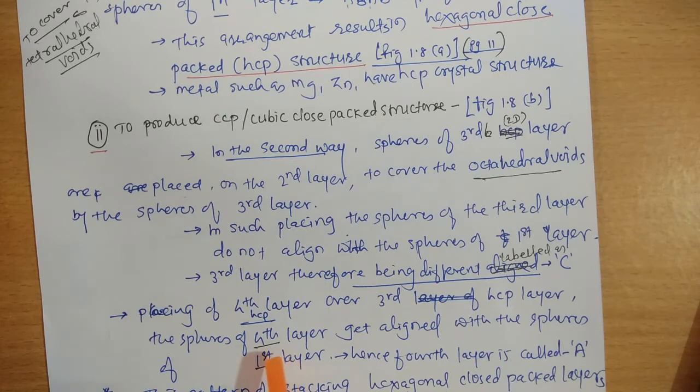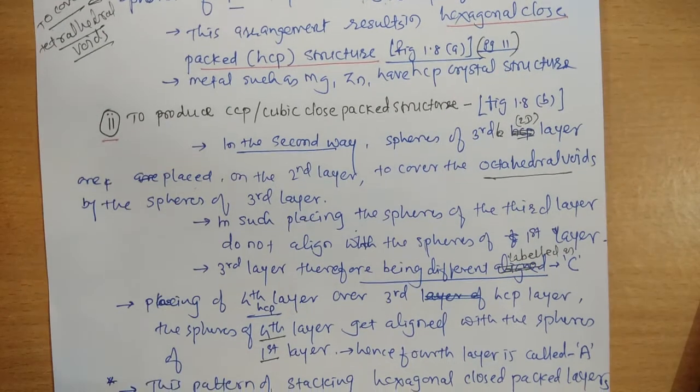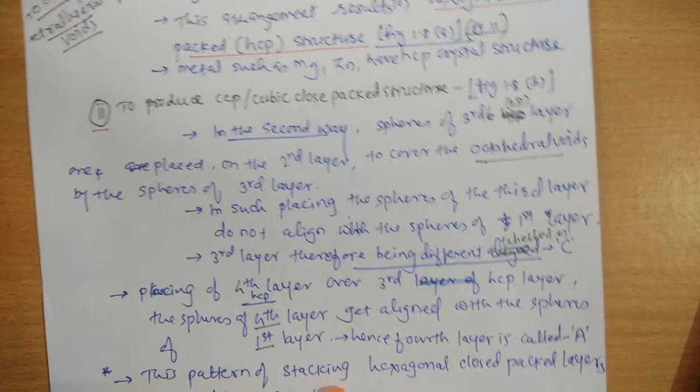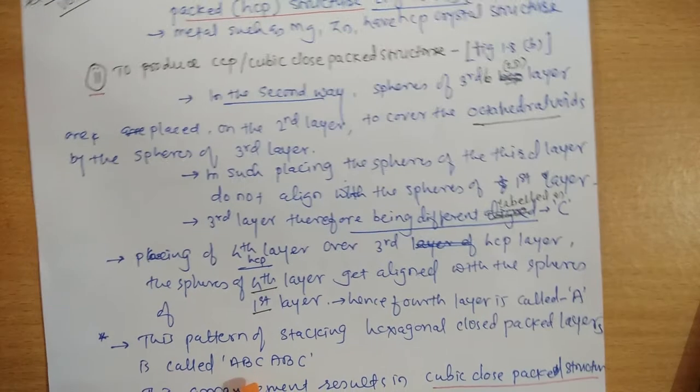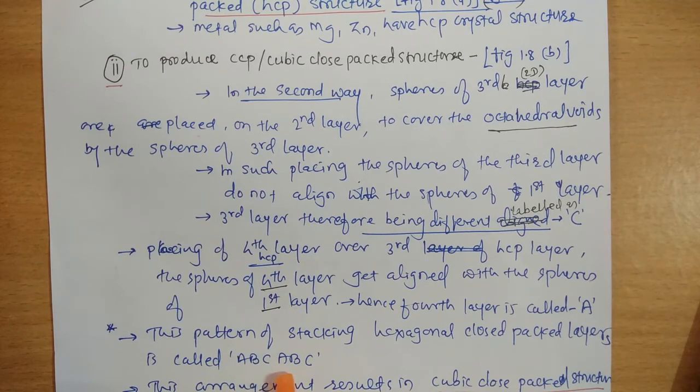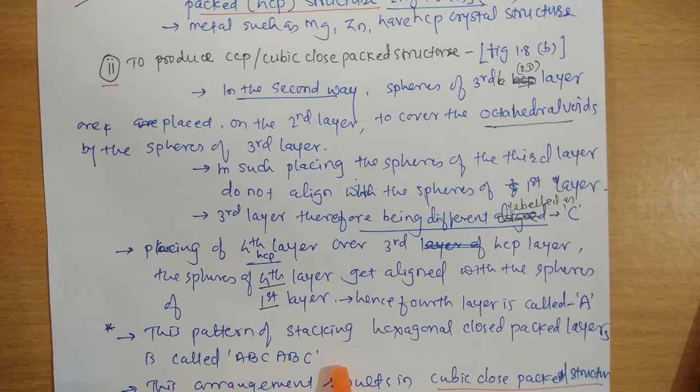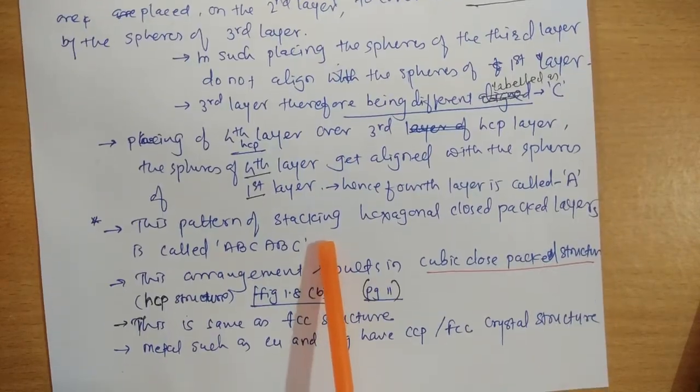So there is now alignment of the first and fourth layer. Hence the fourth layer is called A. This pattern of stacking two-dimensional hexagonal closed pack layers is called ABC pattern.